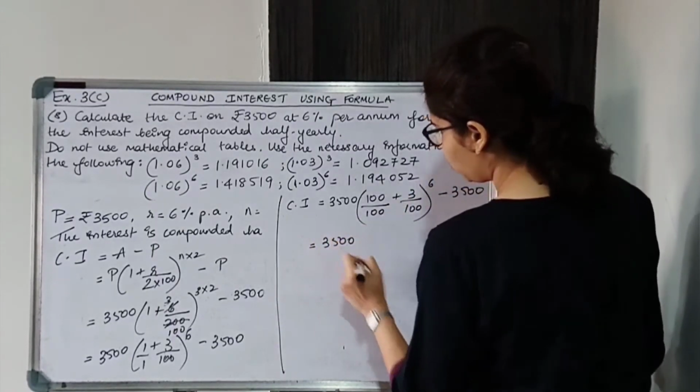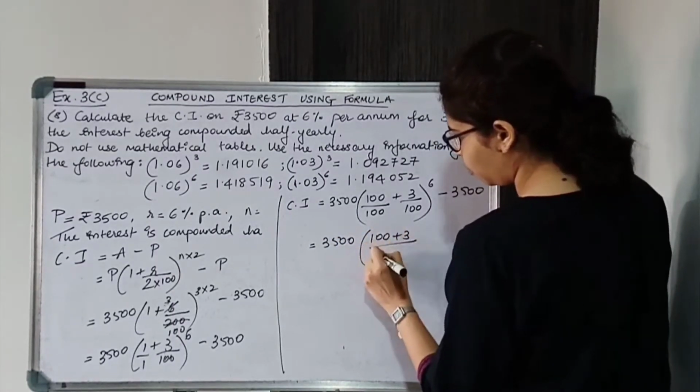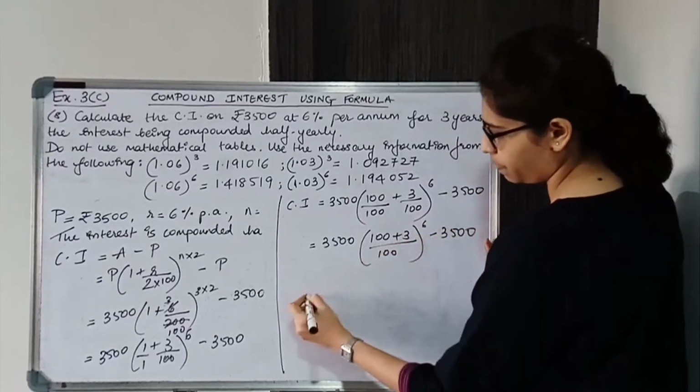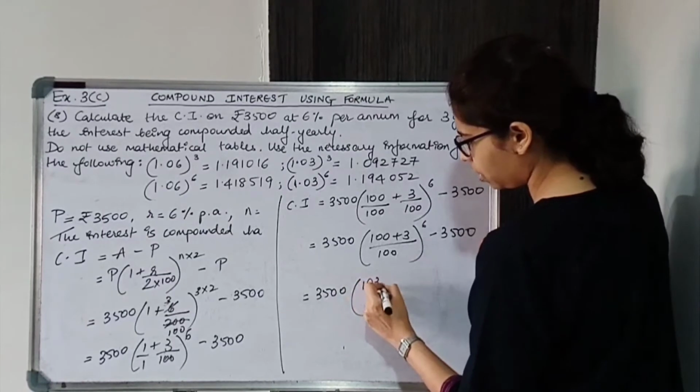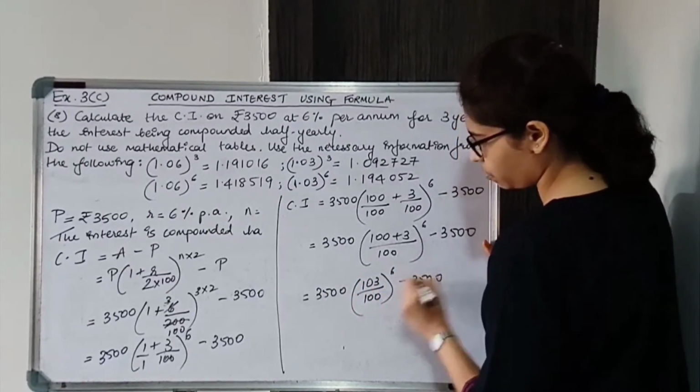So 3,500 into (100 plus 3 upon 100) raised to 6 minus 3,500. So 3,500 into (103 upon 100) raised to 6 minus 3,500.